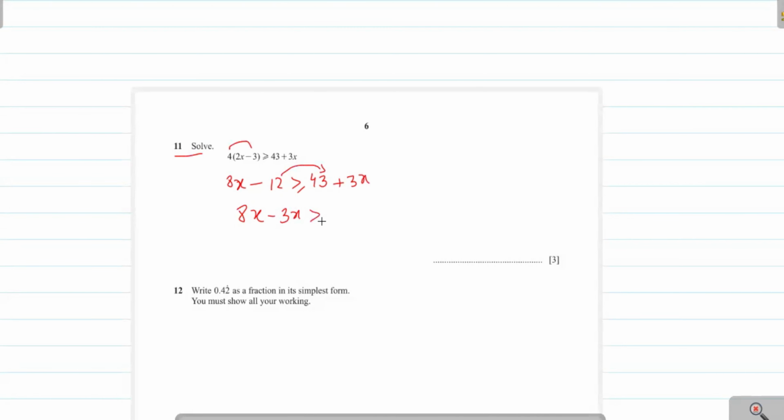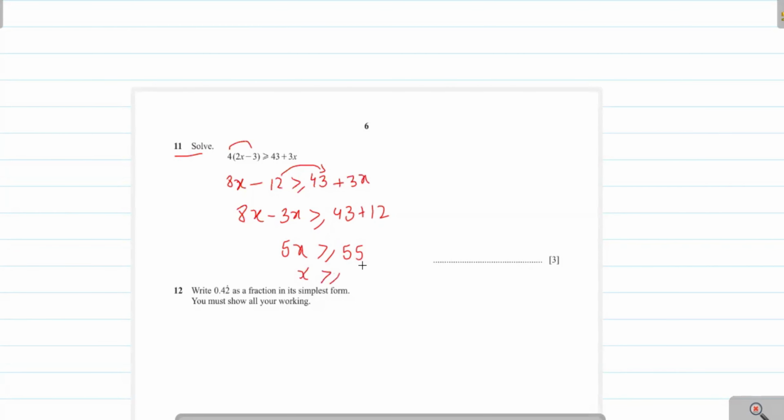We get 43 plus 12, and therefore we get 5x greater than or equal to 55, and then x is greater than or equal to 55 divided by 5, and this value will be x greater than or equal to 11.